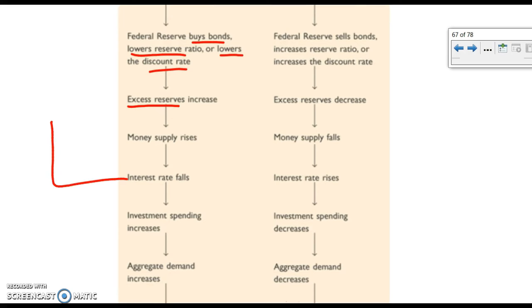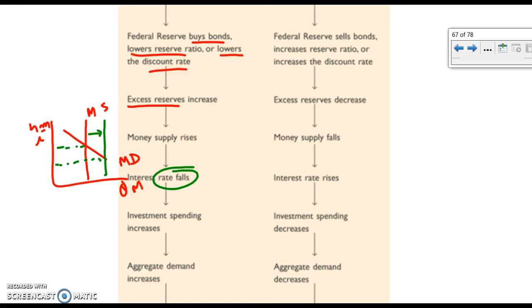If we look at the money market graph, we have money demand, money supply, nominal interest rates, quantity of money. Money supply increases, interest rates fall, what we just talked about, and then this key step: investment spending increases.